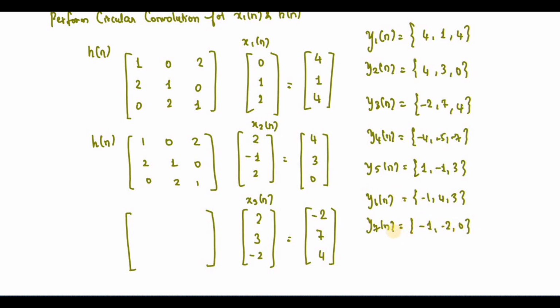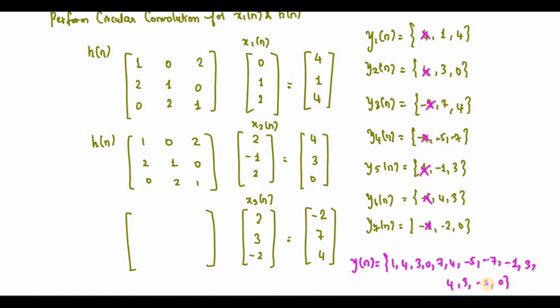Okay. So, in this one, you have to discard the first values. If I discard this first value, because I have added 0 at the first value, right? So, what is my y of n? y of n is equal to 1, 4, 3, 0, 7, 4, minus 5, minus 7, minus 1, 3, 4, 3, minus 2, 0.